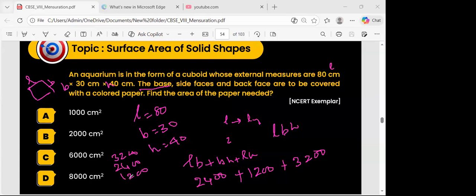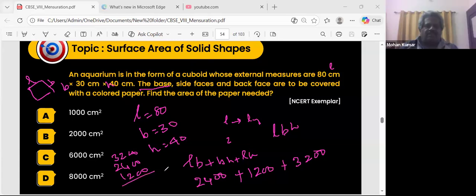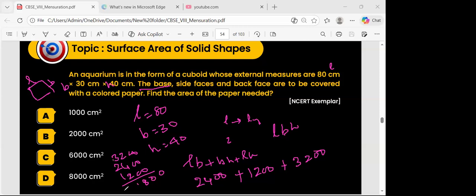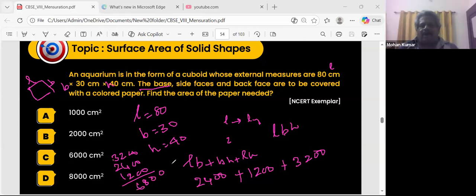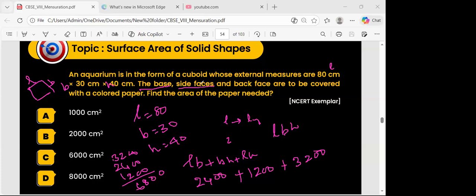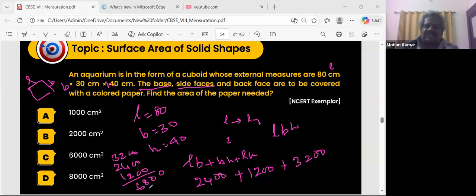So we have 6800. But one problem is there. They have used the word faces. So do we divide that by 6? No, faces means we have to add 1200 also. Two side faces.